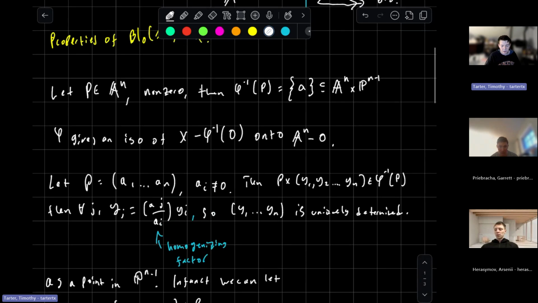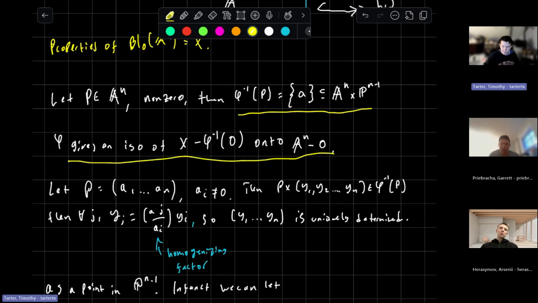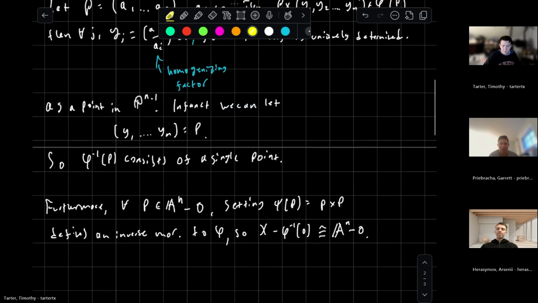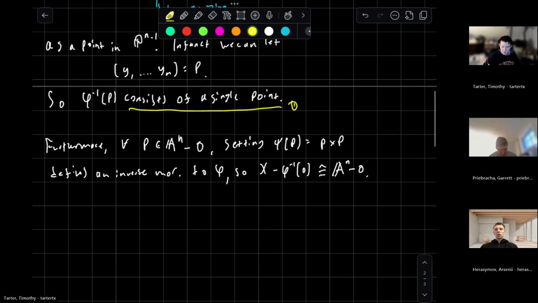So is this construction clear and what our claims were? This was claim 1, and then this is claim 2.